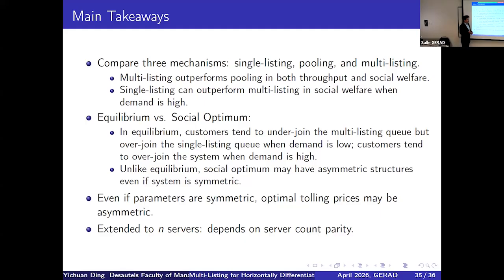However, if n is an odd number, then you don't have to do anything. It's already different. The valuation will already be differentiated because of the last server. Okay, and if n is a multiple of 4, we show the social optimum is always symmetric.